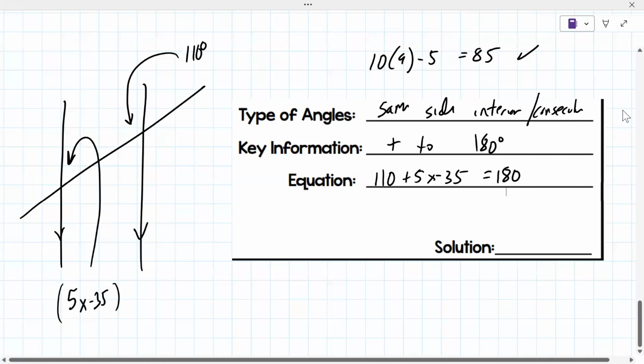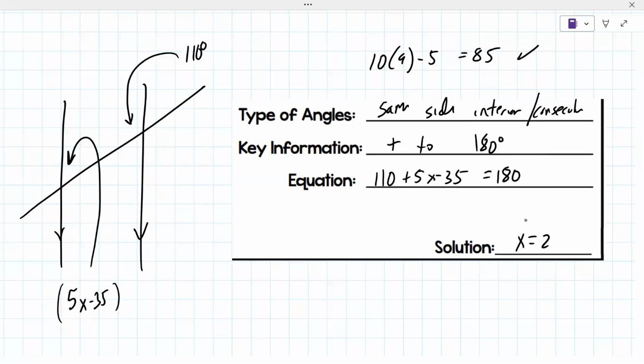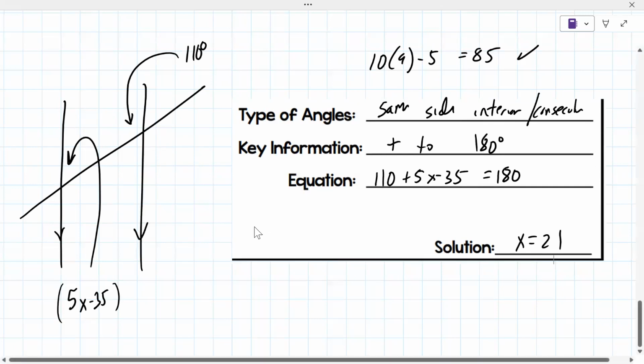Yeah. 105 minus 35 is 70. All right, good job.